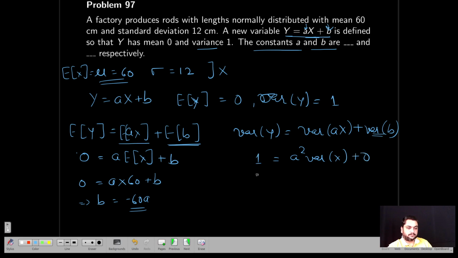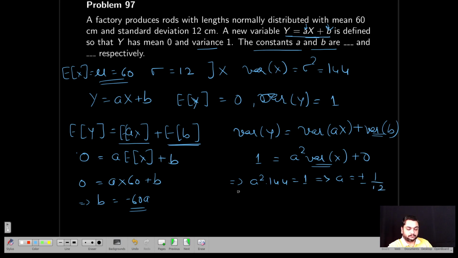Variance of Y is given as 1. What is variance of X? The standard deviation is 12, so variance of X will be sigma square, which is 144. That implies A square into 144 is equal to 1, so A equals plus or minus 1 by 12.